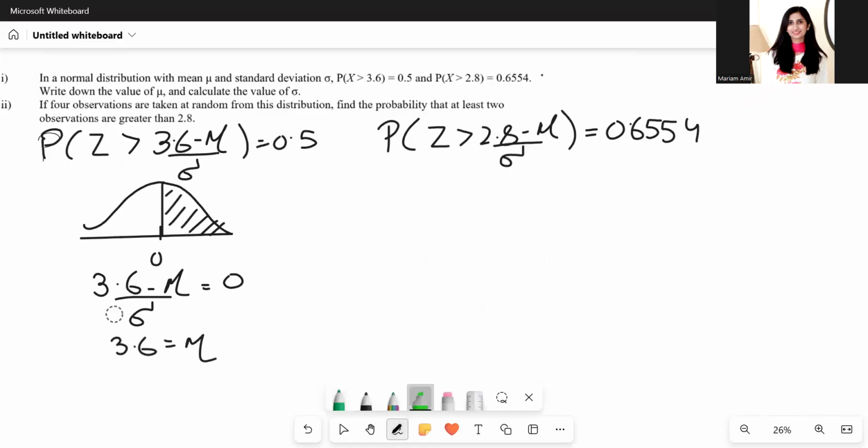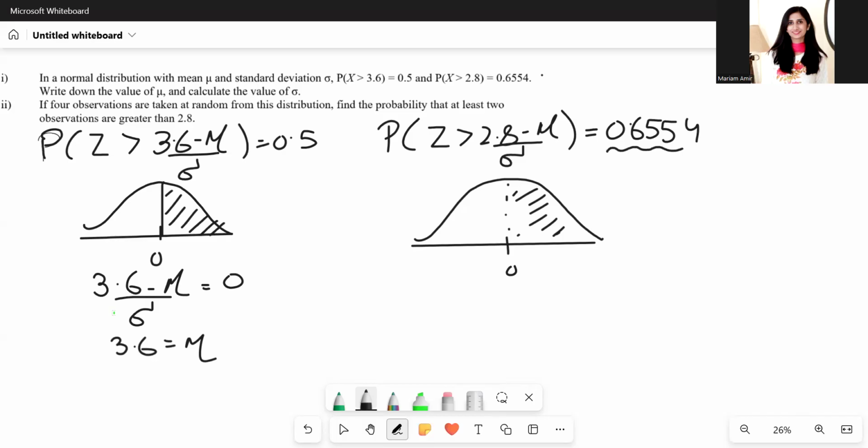Again, we have to see whether this z-score is positive or negative. Okay. Again, draw a normal distribution curve. We have 0 over here, and we know that greater than 0 the probability is 0.5, but this is greater than 0.5.